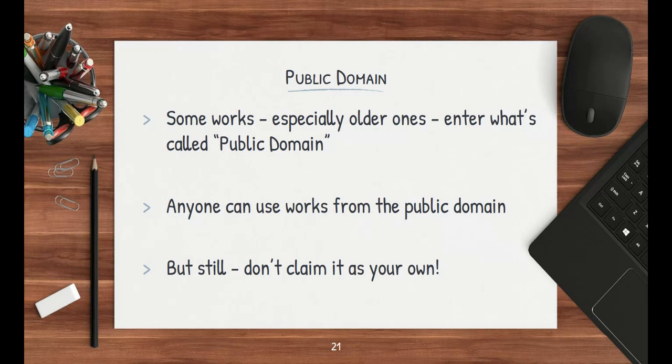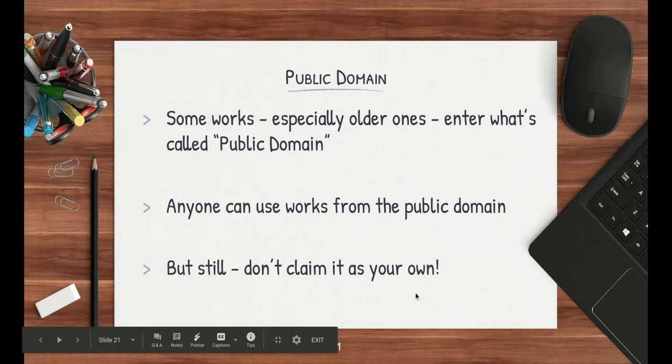So even just a quick search for public domain images or public domain poetry will be a fast and easy way to start finding some resources that might be useful for you. The only important note on that is you still can't claim it as your own because that's school policy for plagiarism. But as long as you can still cite the source, you are good to go.